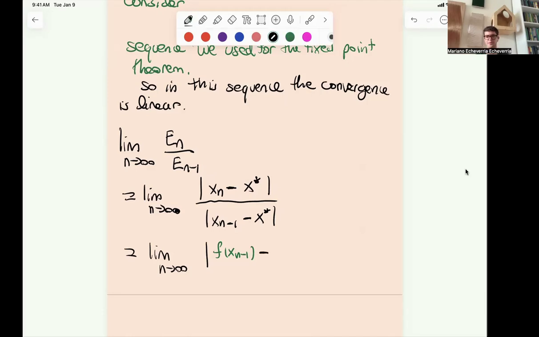And this is also useful: what is x star? X star is f of x star, because x star is a fixed point.